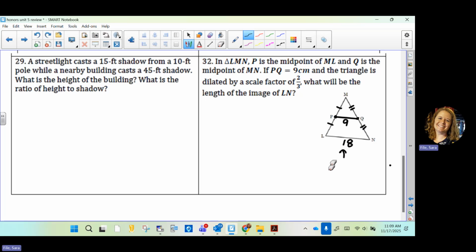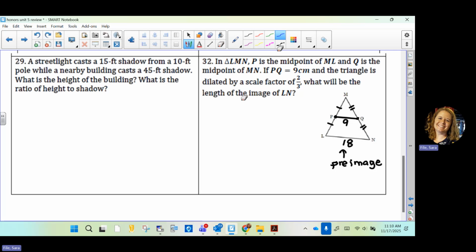Because the mid-segment is half the length of the side it's parallel to. Again, that we learned about mid-segment last unit. So this is incorporating what we used last unit plus this unit. We learned about dilation. So in the pre-image, before the dilation, LN is 18.